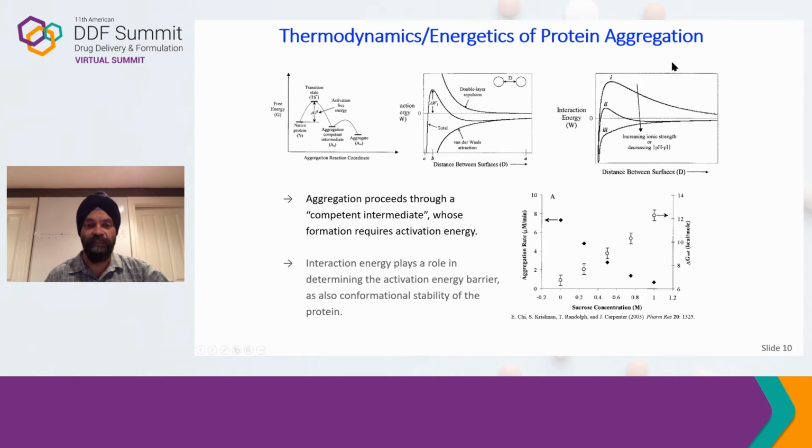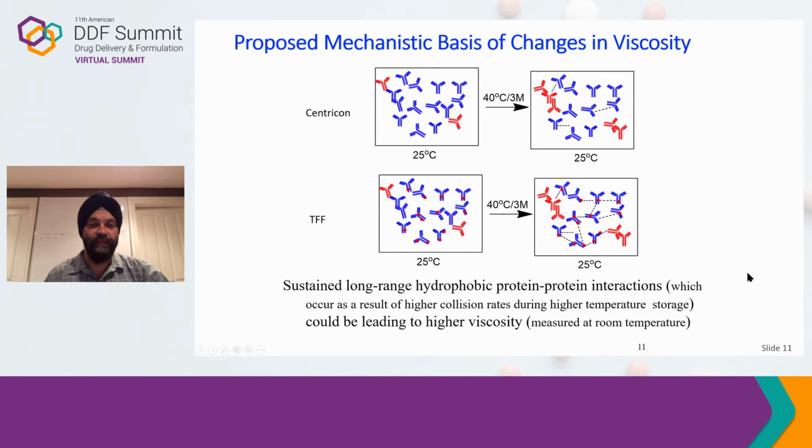And this work is published, and this is from the literature, and it really highlights the thermodynamic minima for protein interaction with each other. And how the concentration of one of the excipients, for example, sucrose, plays a role in this particular interaction.